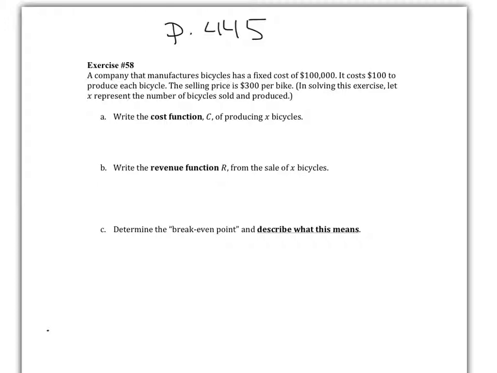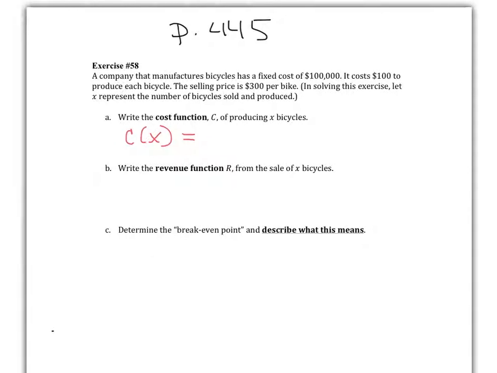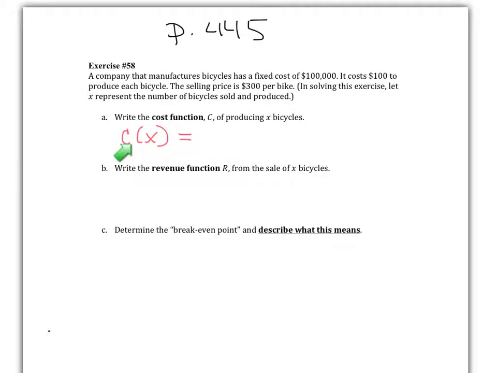The cost function is going to be C of X, very similar to our F of X, our input, output, function notation. Input is the number of bicycles, output is the cost of producing X number of bicycles.